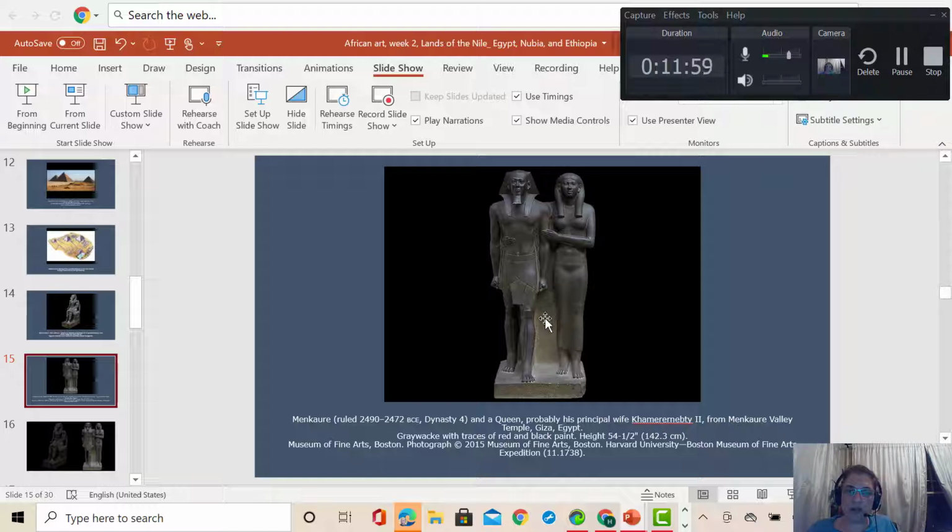Notice also that the stone is not carved out in between them completely, which would be the negative space. And this is because this is a very hard stone that they're carving in. And when you have a very hard stone, it actually makes it more difficult to carve out the negative space. The stone is more brittle.